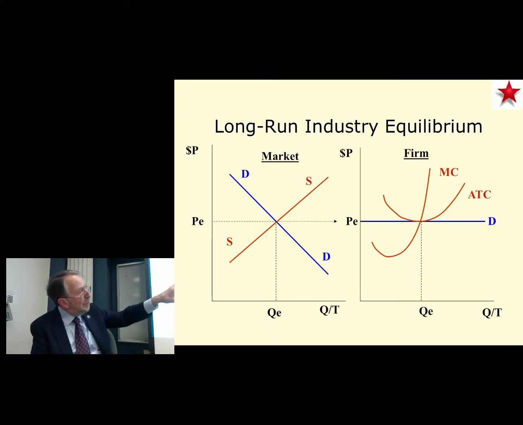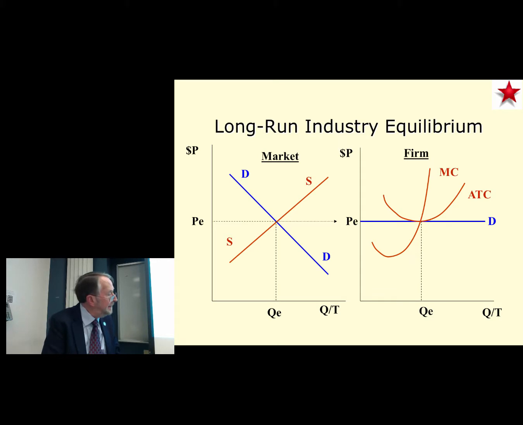And then I've drawn the situation facing the firm such that price is the same as average cost. Price per unit is the same as average cost. And so consequently, again, you're producing where marginal cost equals marginal revenue, and any other rate would be less successful than that rate of output.